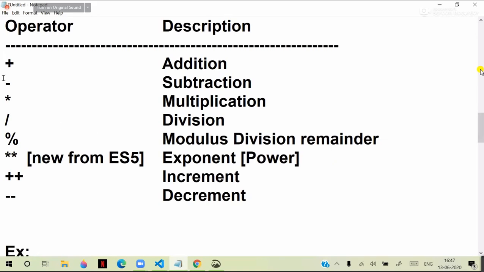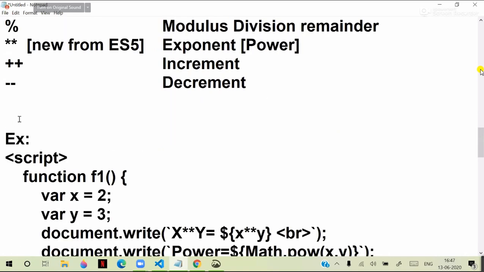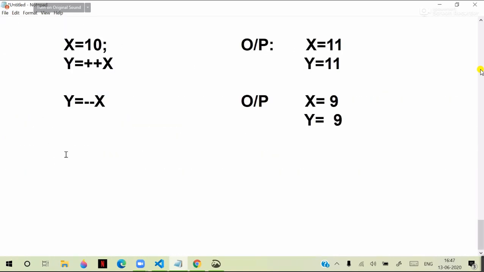I don't need to explain addition, subtraction, multiplication, division, but sometimes in interviews they ask these questions, so you need to know. For example, suppose the addition operator.